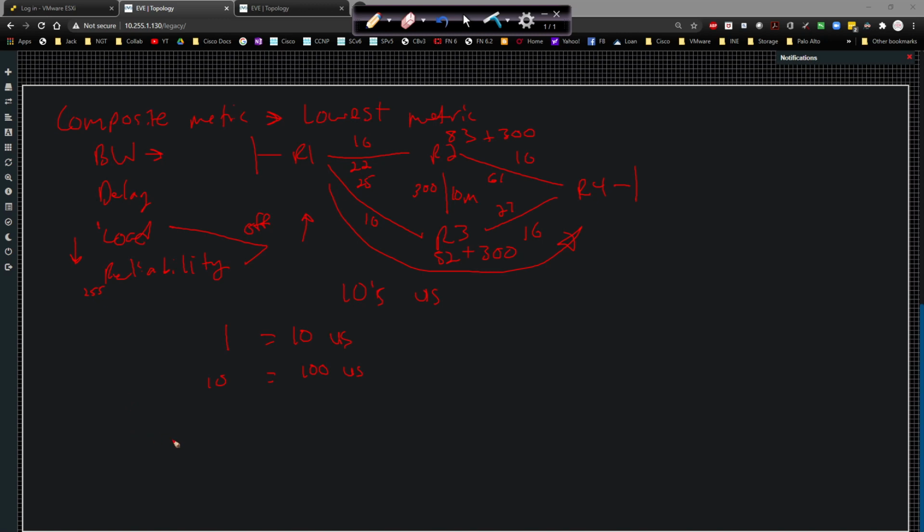Now, let me clarify that just a little bit with you. When I say R1 and I say R2, and there's a physical link between them, in our topology, everything is a physical link.